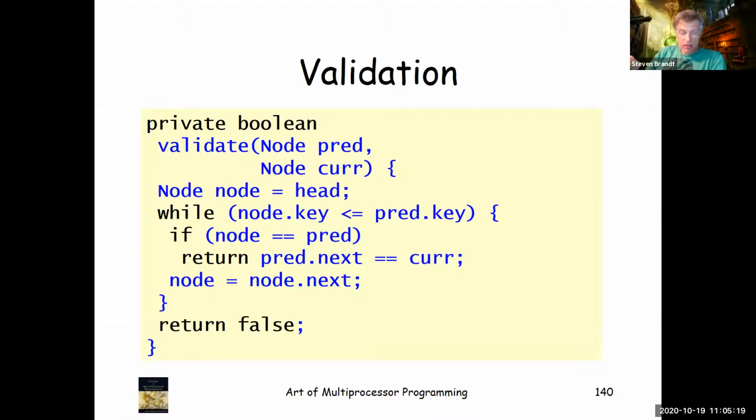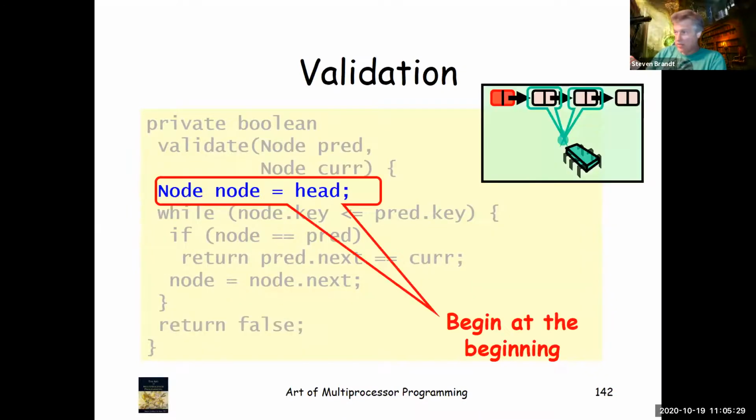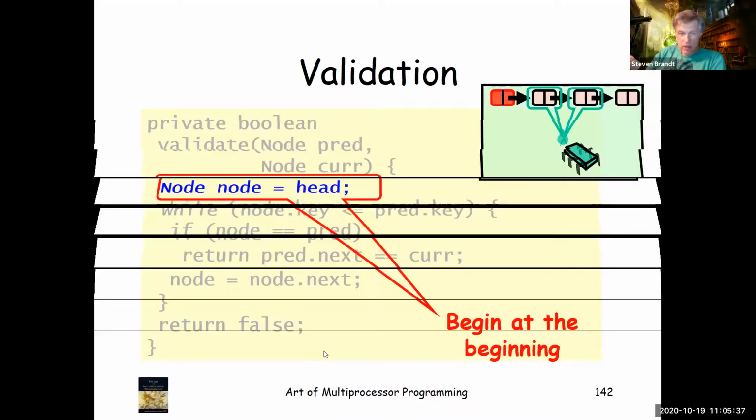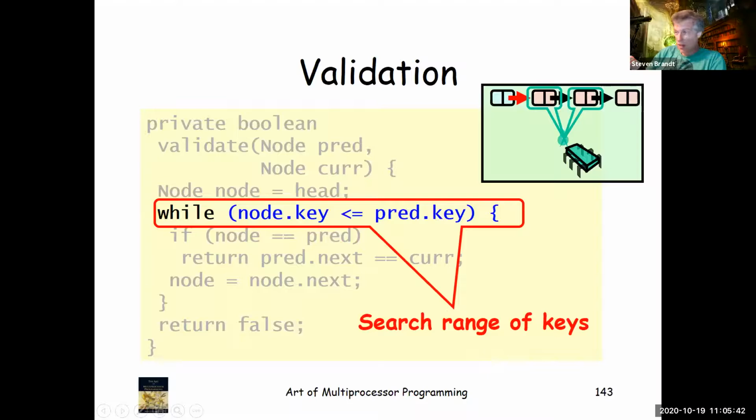So let's look at some code. We're going to have a validate routine that's going to take a predecessor and a current node. We're going to initialize our node variable with the head. Then we're going to loop while the node key is less than or equal to the predecessor key.